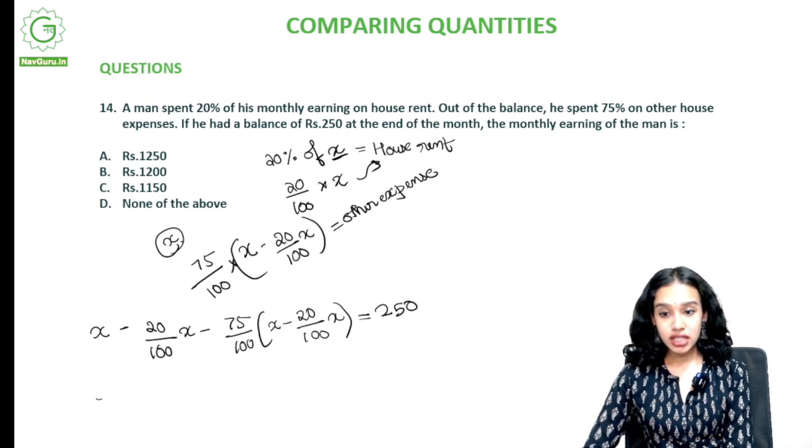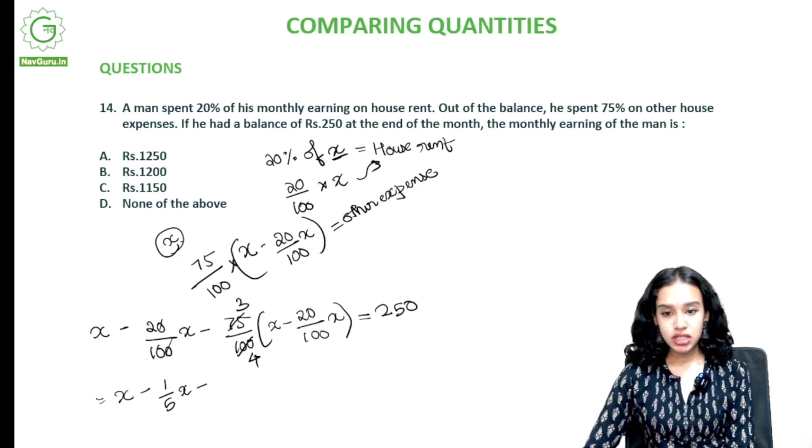So what is X minus? We could simplify this as 1 by 5X, 1 by 5X, and here we could cut it down to 3 by 4, 3 by 4 into X, and here we have negative 3 by 4 into 1 by 5X, right?